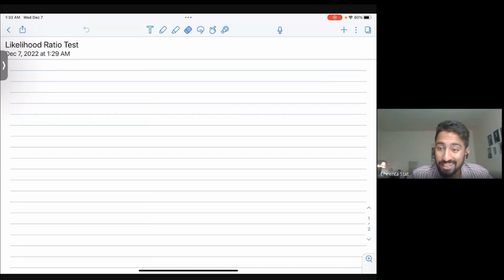So, hello guys, let's start discussing the likelihood ratio test. The likelihood ratio test is an extension of the Neyman-Pearson lemma.